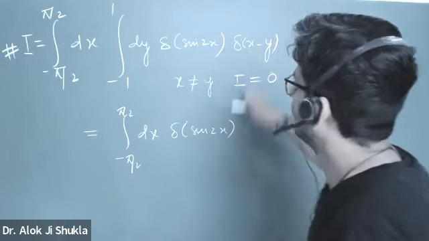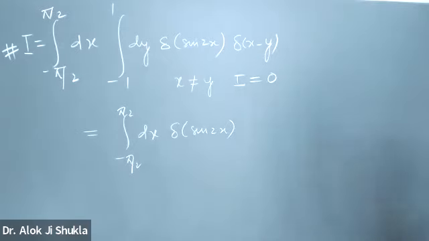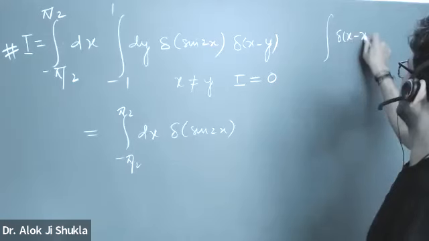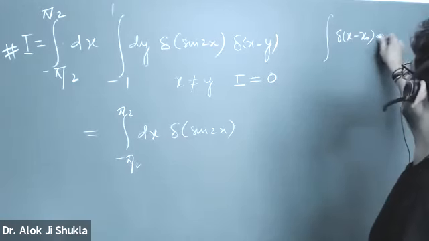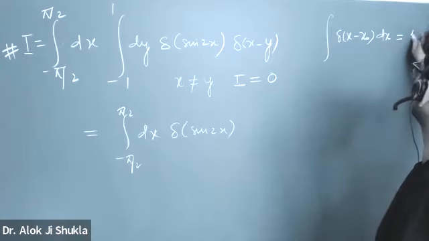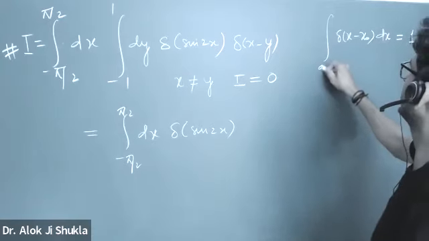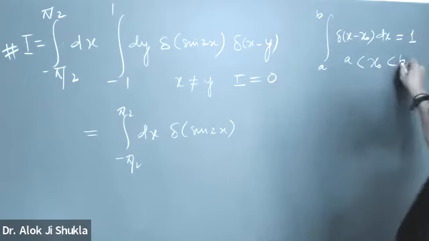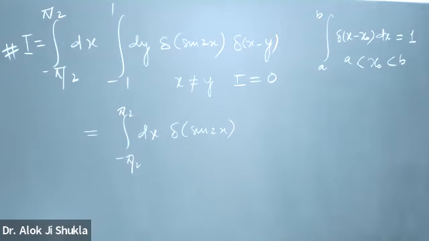So now your y was between -1 to 1. Okay? So you have taken x is equal to y. So that will give value 1 by using this integral delta x minus x naught dx is equal to 1, whatever is the value a and b, this x naught should lie between a and b. Correct? Yes, sir. Then it will become 1.